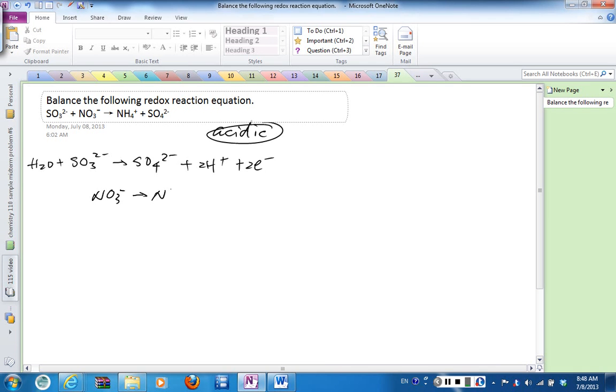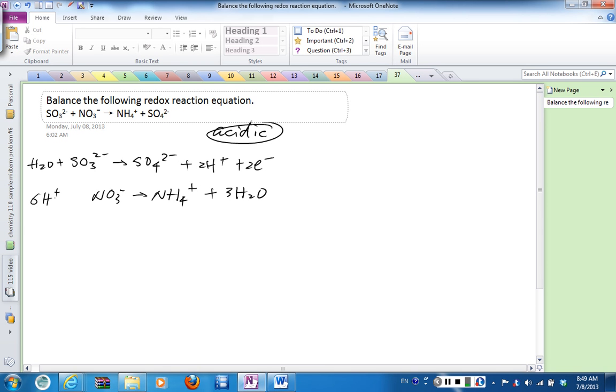Second half reaction, nitrate to ammonium. Again, nitrogen is balanced. Good. Oxygen: we're missing 3 oxygen on the right side, so we're going to be putting in 3 water molecules. Balance hydrogen. A very common careless mistake here would be, oh, I put in 3 water molecules, and that means 6 hydrogen on the left side.